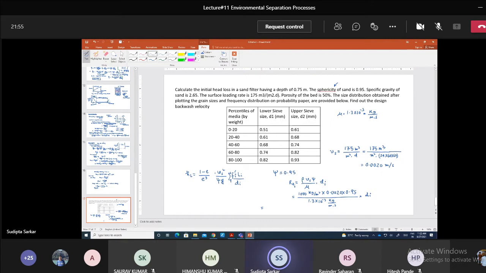So this is 0.0020 times 0.95 divided by 1.3, this times 1000 times 1000. So we have 1461.